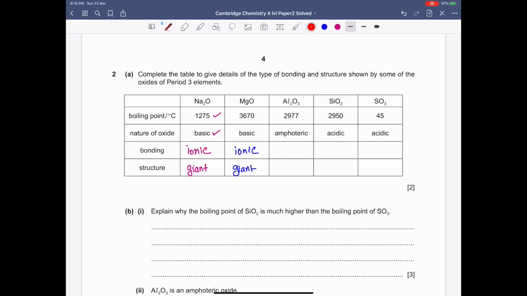So I'll again go for ionic and giant. SiO2. Well, now whenever the melting point is really high, that means this is a macromolecule and it is acidic, thereby it is a covalent compound. So covalent and giant molecular.